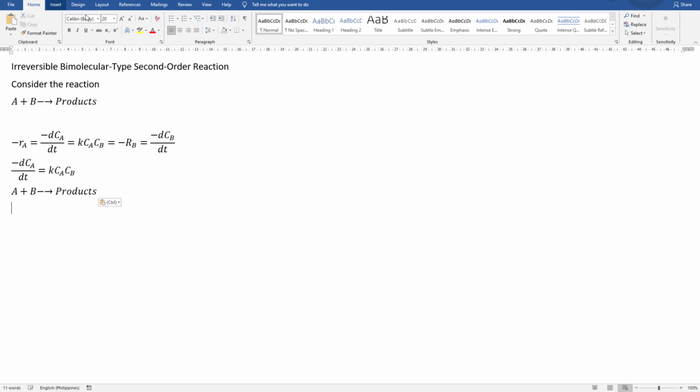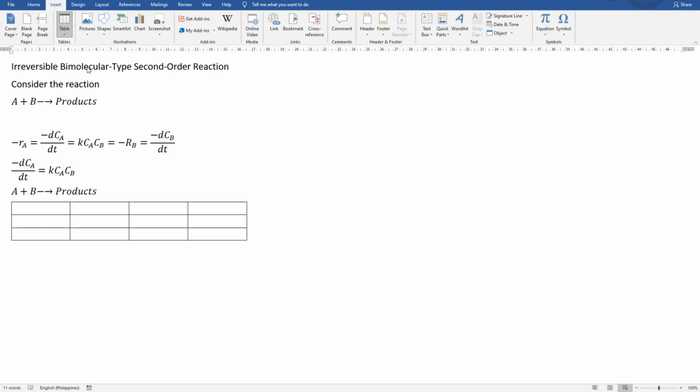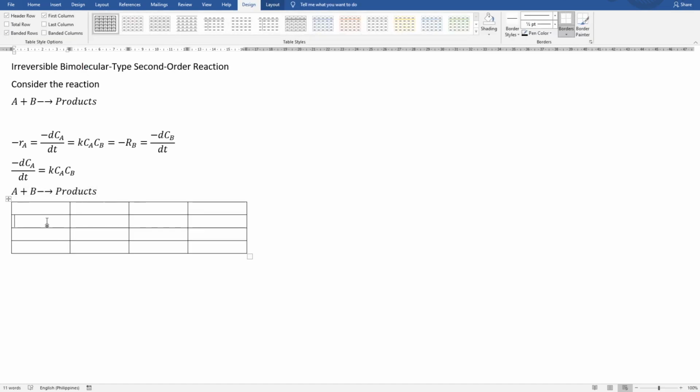So using the chemical reaction, let me just insert a table again, the table for before, change, after.